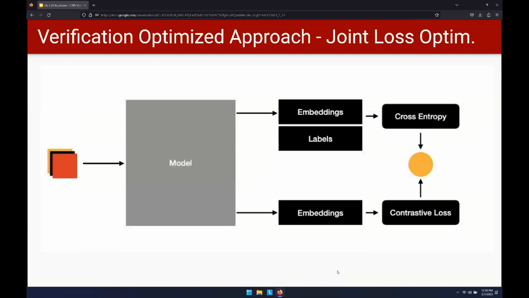So effectively in joint loss optimization, you're trying to optimize for your classification and your verification simultaneously during training itself. It's the same training loop that you have, and you're trying to calculate the loss for your labels and also for your verification. And effectively, your total loss is a combination of both of these losses.